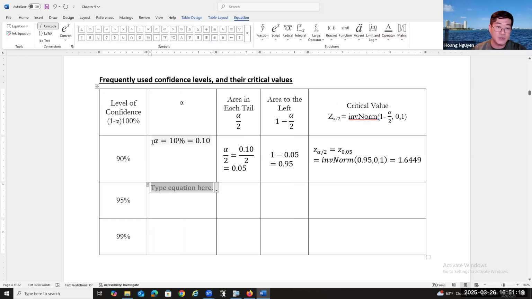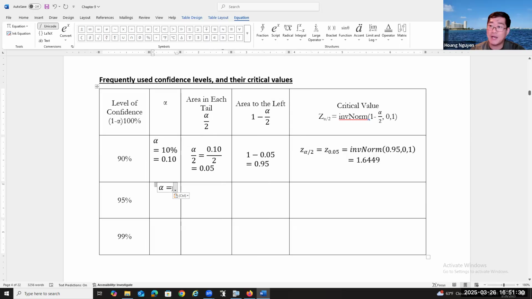If we have 95%, what's the value of alpha? Alpha is 1 minus 95%. So 1 minus what number gives you 95%? Alpha is going to be 5%, which means 0.05.